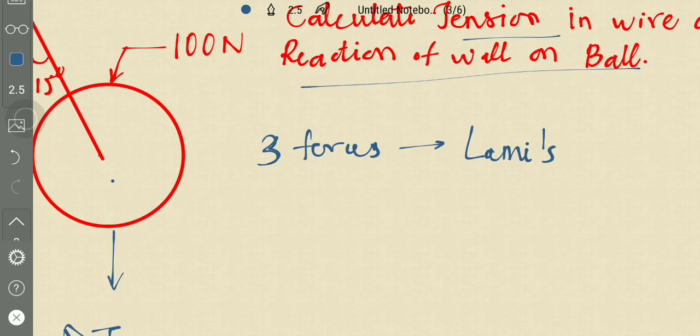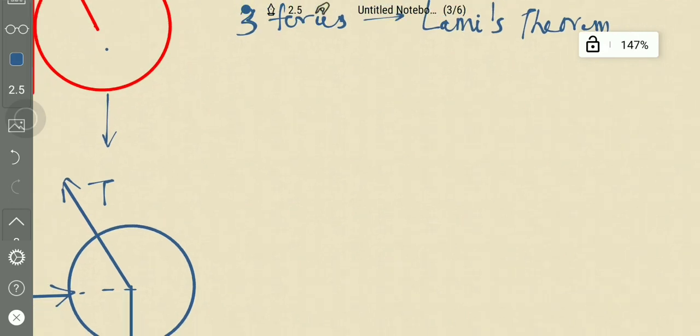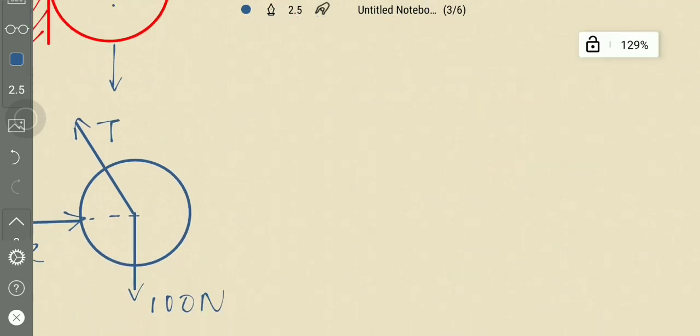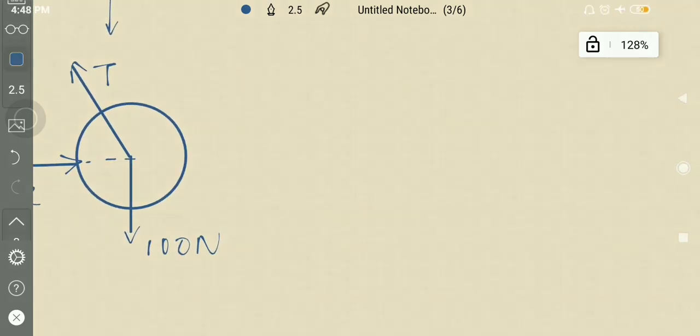What is Lami's theorem? If there are three concurrent forces acting, then the forces are directly proportional to the sine of the angle between the other two forces. Let us plot this diagram. Let us plot these forces into Lami's theorem.